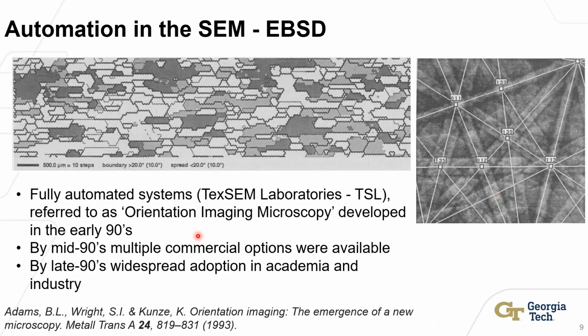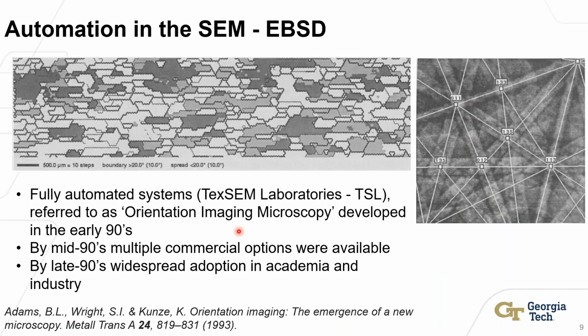That was commercialized through TexSEM Laboratories, TSL, which through a number of acquisitions and conversions is now part of Gatan, and it fell under this umbrella term orientation imaging microscopy, the ability to take a picture essentially of the orientation state of the material.